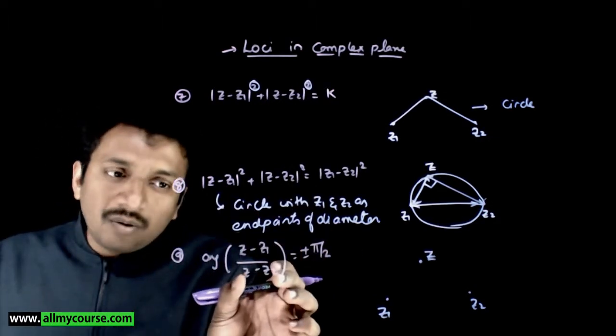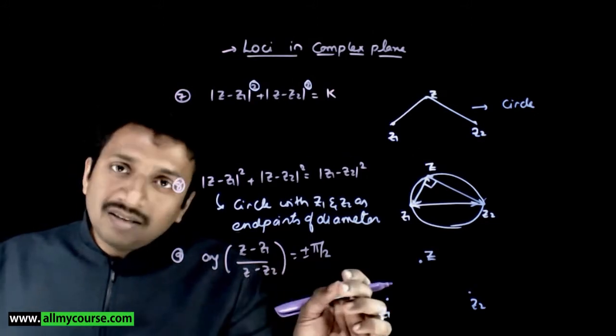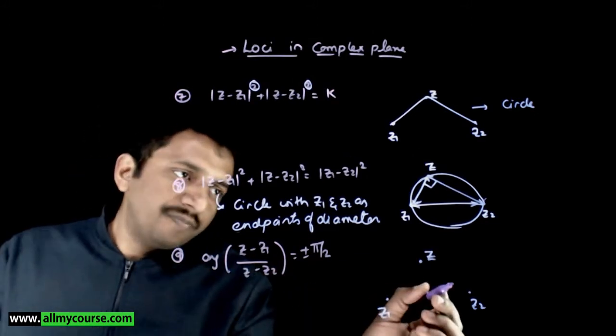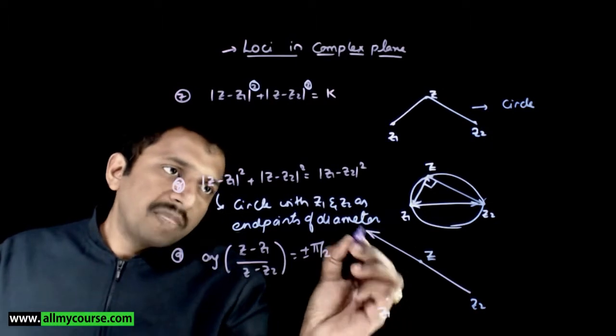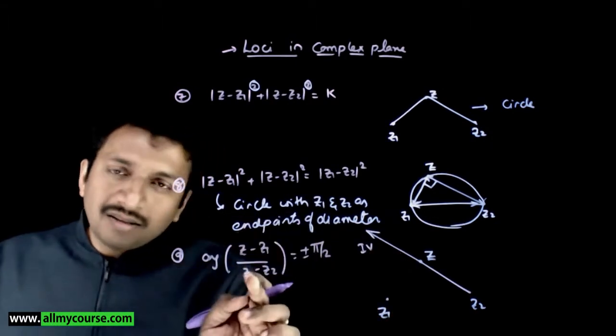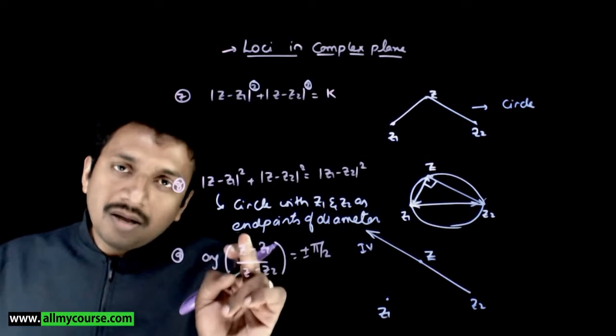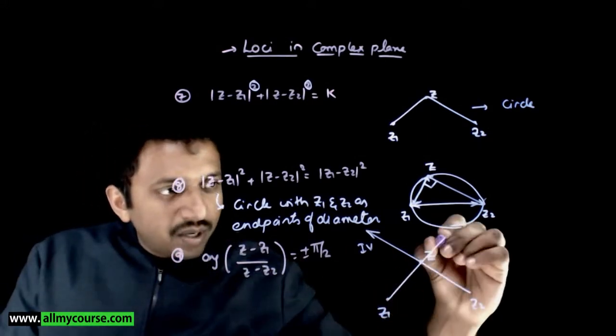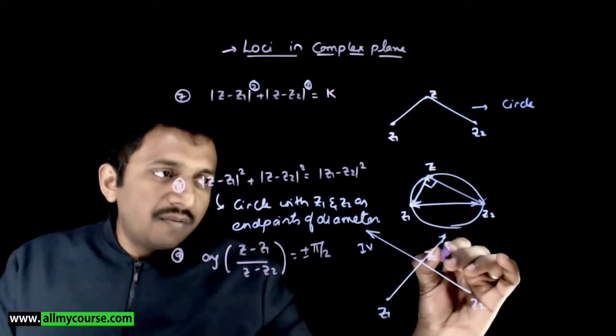So what is the vector z minus z2? That is the vector joining z2 to z. This is the initial vector, right? The vector in the denominator is the initial vector. What is z minus z1? This is this vector. This is the final vector.